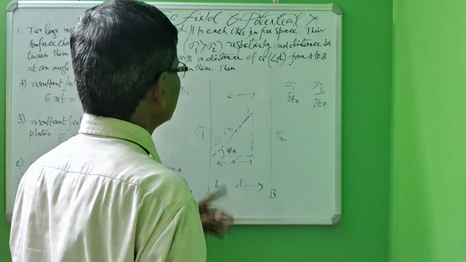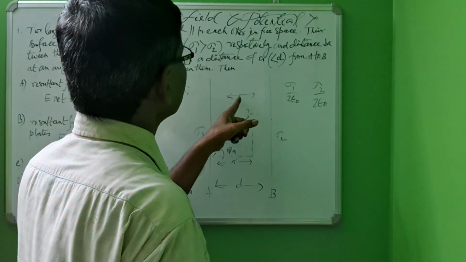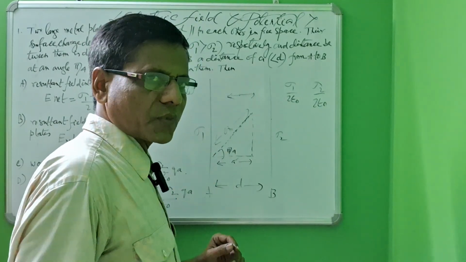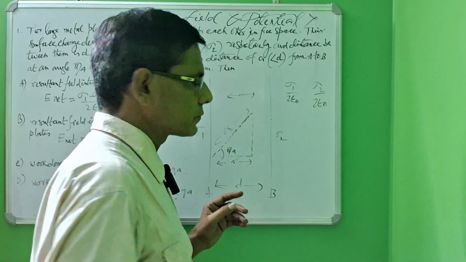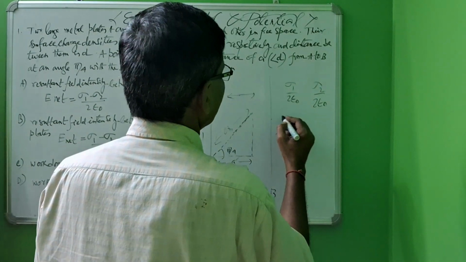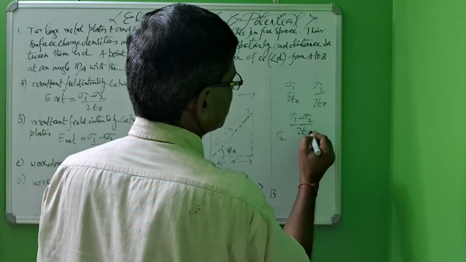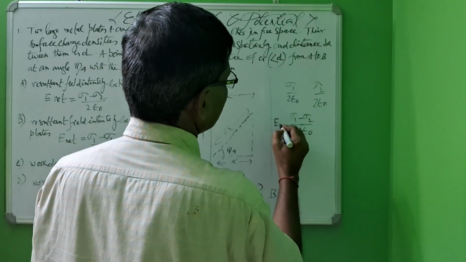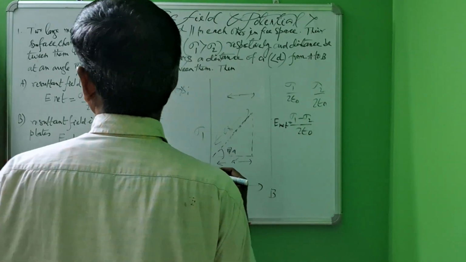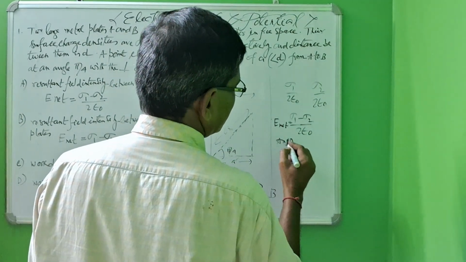If both are negatively charged, there is also an opposite force. So we can write the effective electric field E net as sigma 1 minus sigma 2 divided by twice epsilon naught. So answer A is the correct one.